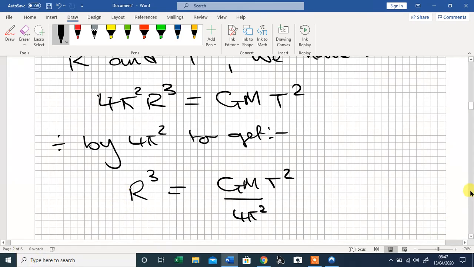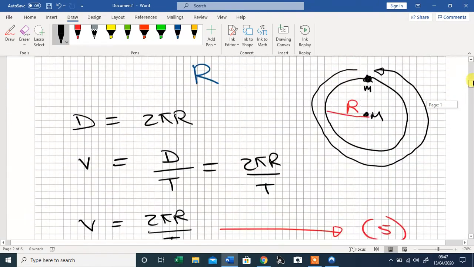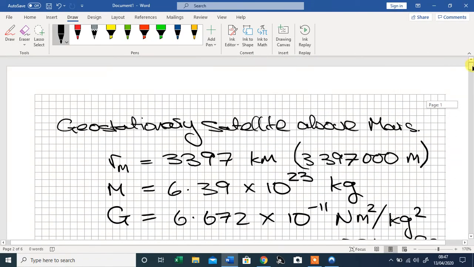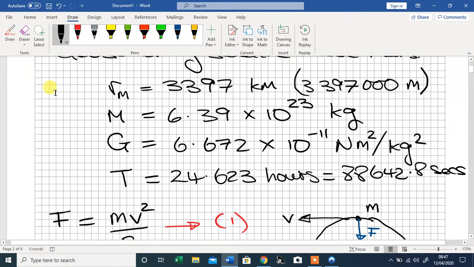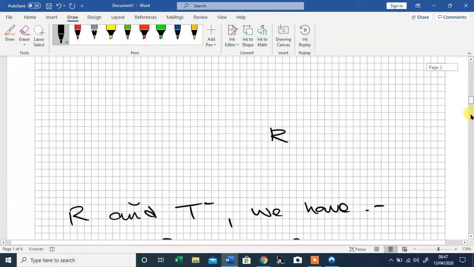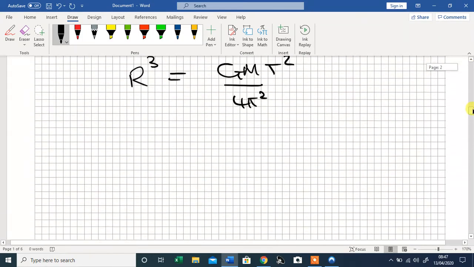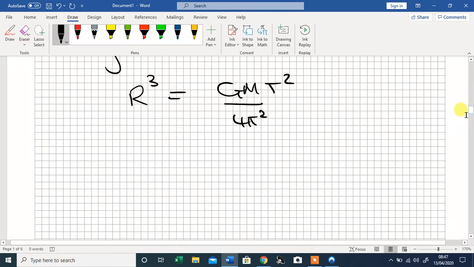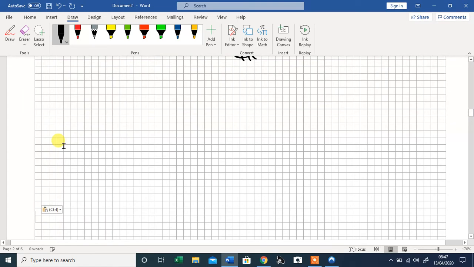Now, we know what G, M and T actually are. I'm just going to see if I can cut and paste all of these constants, and we'll paste them here, Control V, but it hasn't worked, so never mind.